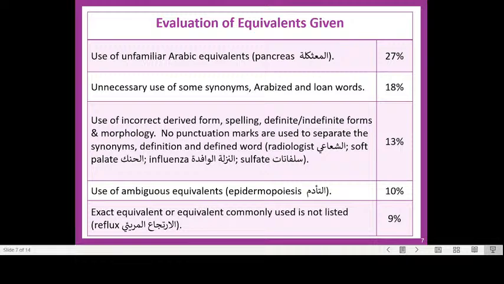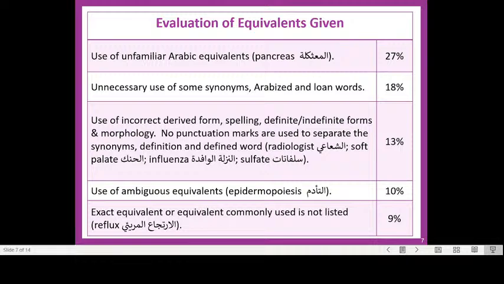Radiologist is a person, أخصائي الأشعة. Soft palate, الحنك, this is wrong. Influenza, النزلة الوافدة, which is also funny. And sulfate, sulfatat, which is also wrong. Sulfate is kibritat, from sulfur. Sulfur kibrit, sulfate kibritat.